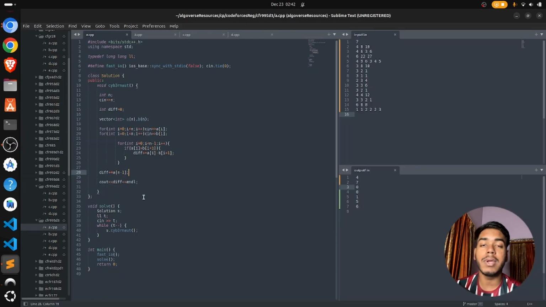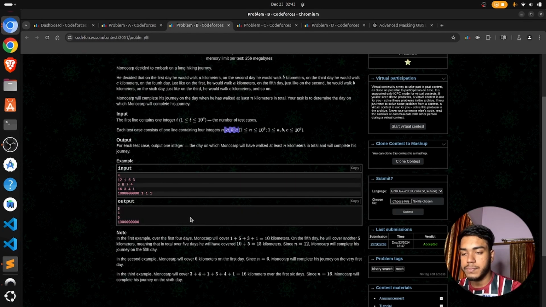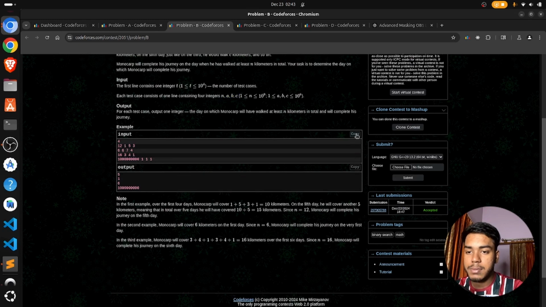If you can get a summation greater than n, which has to be done after removing the last C, then remove it. If you can also remove B, remove it, and there is no need to remove A, since the ceiling value minus 1 is already given. Okay, so here is the example.